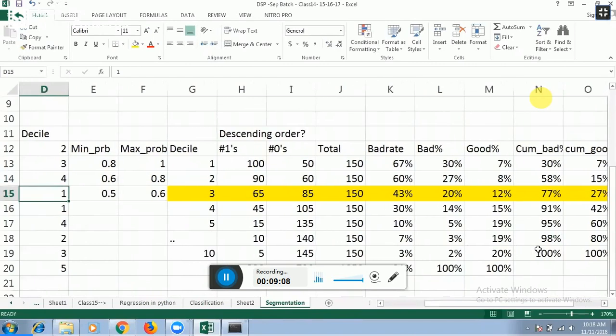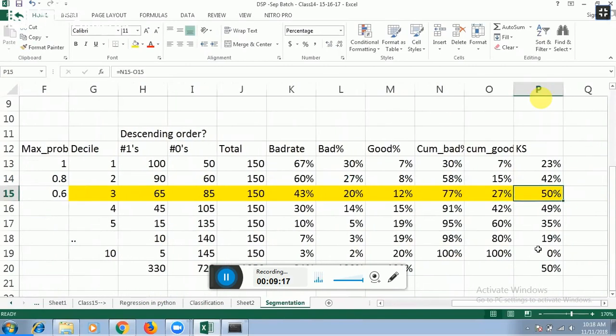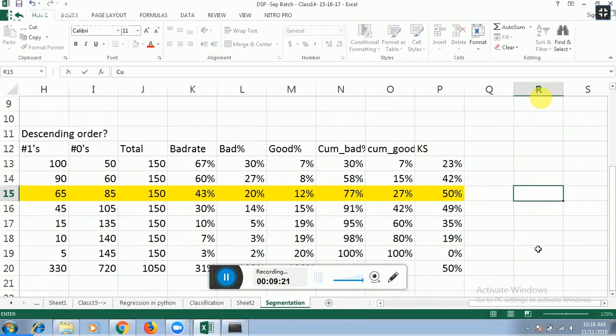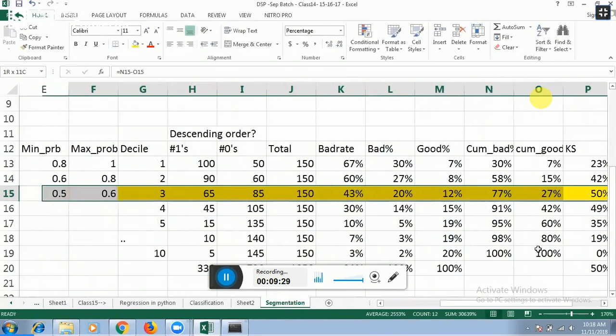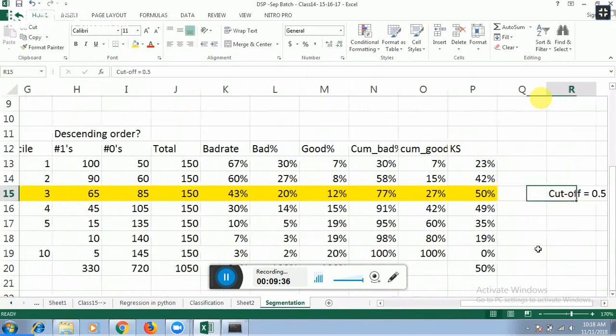And what is the minimum probability here? The minimum probability is 0.5. Since I'm getting maximum differentiation between the zeros and ones in the third decile, I can decide accordingly that the cutoff is 0.5. Why? Because the KS is giving you the maximum differentiation between zeros and ones, and the minimum probability of the third decile is 0.5. So that's how you will take the cutoff.